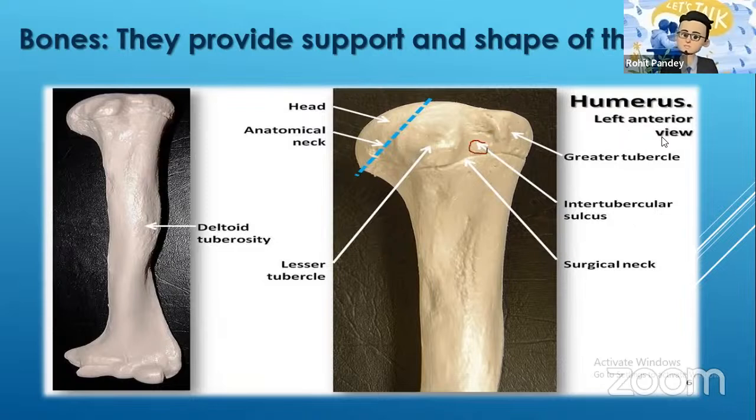Actually I am talking about the humerus, left anterior view. This is a bone, and because of this, our body gets support and shape.